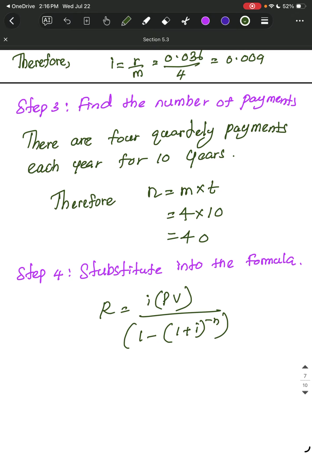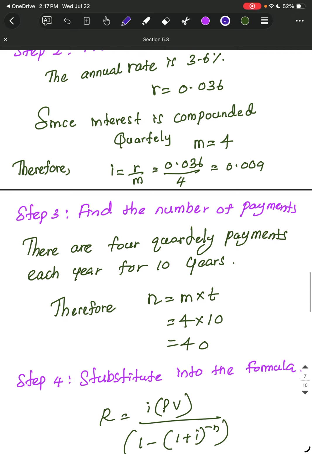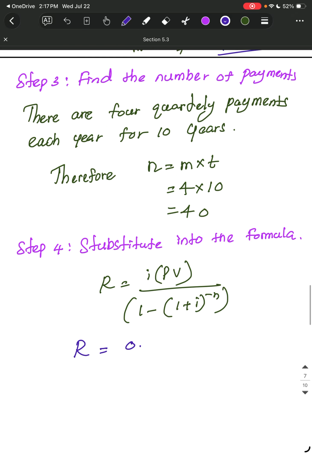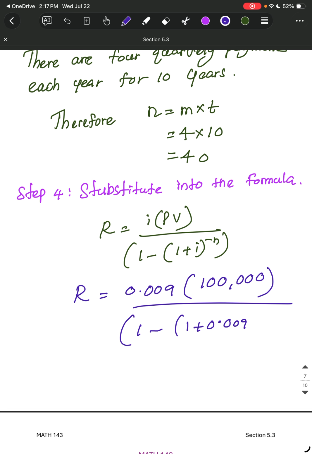Let's substitute: R equals 0.009 times 100,000 over 1 minus (1 plus 0.009) to the power negative 40.